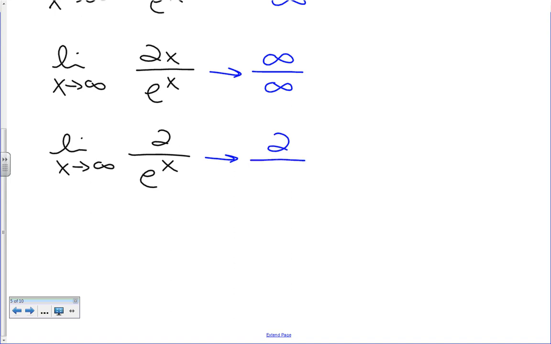It's not heading to 0, it's not heading to infinity. It's heading to 2. In other words, at this point, we can no longer use L'Hopital's on this. The denominator, though, is still heading towards infinity. So I have 2 divided by some big number. 2 divided by a big number is a really, really small number, 0. So in this case, it did turn out that the limit was going to 0.